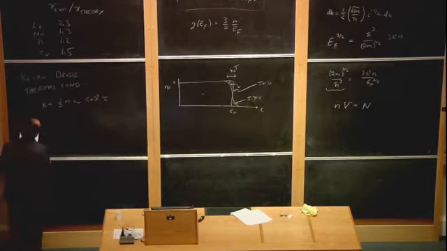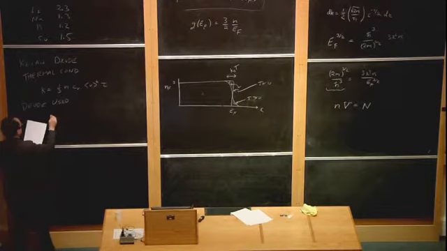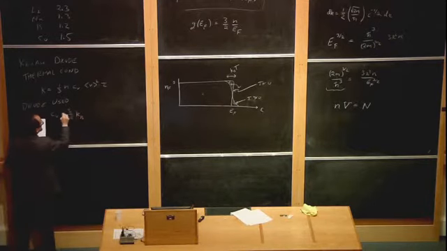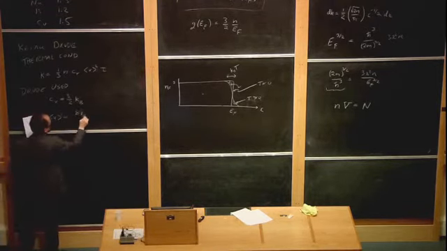And Drude, in this expression, used these things that we don't like anymore: that CV is 3/2 kB, the classical result, and he also used the classical result for v squared, 8 kBT over pi m.